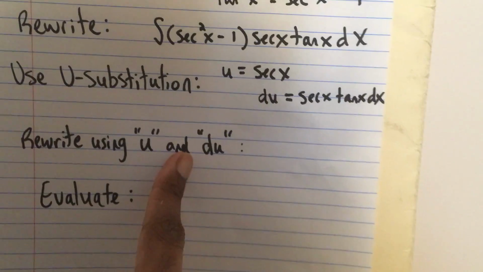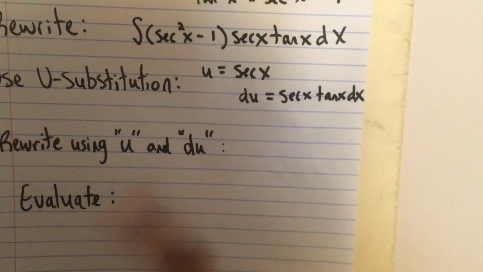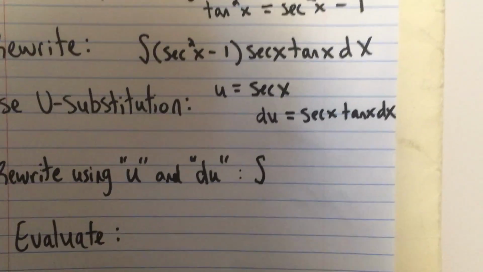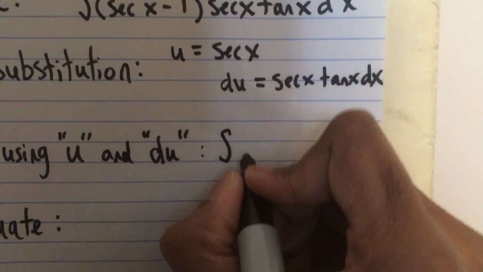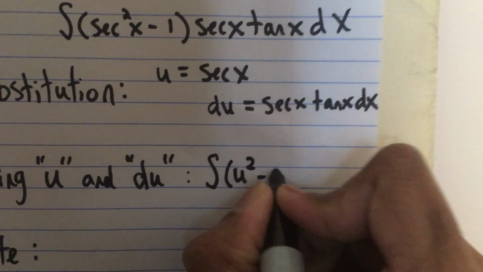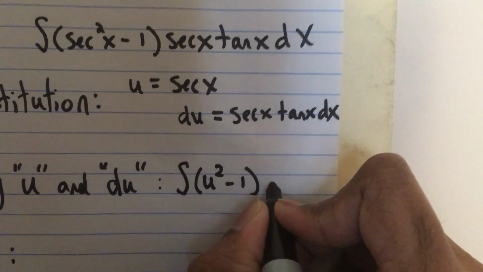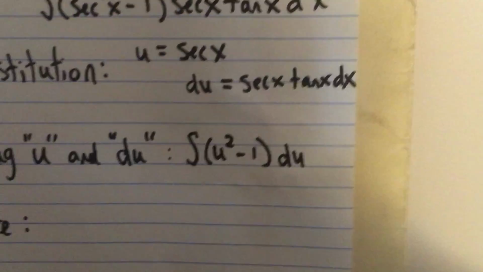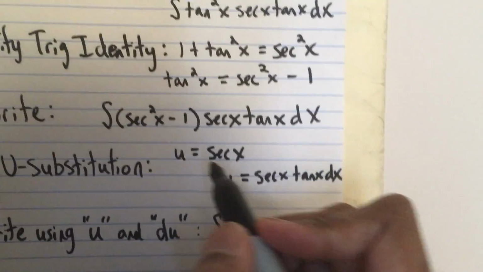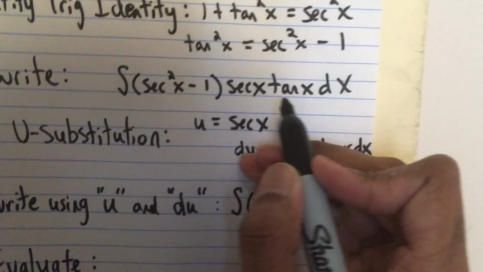So when I rewrite the integral using the u and the du, I'm going to have the integral of u squared minus 1 times du. So du is this whole piece right here.